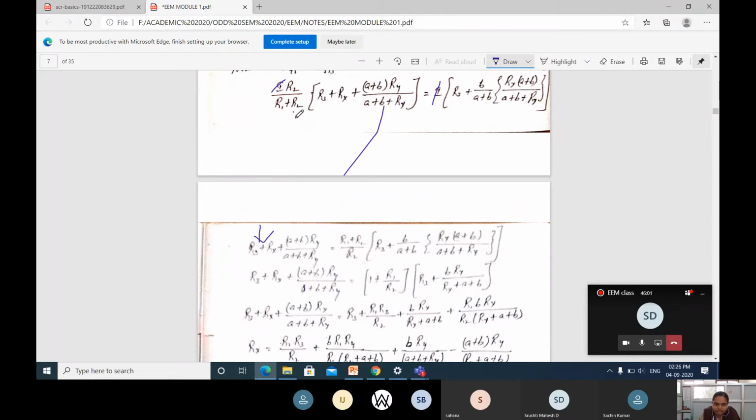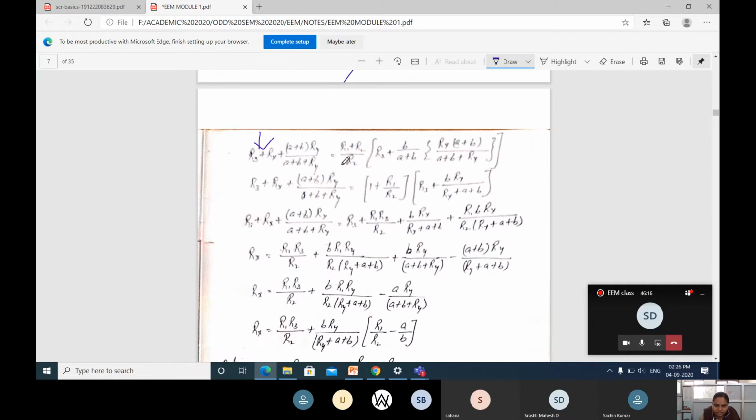Then I will be taking this to this side. Then what is going to happen? Instead of R2 by R1 plus R2, it is going to change as R1 plus R2 divided by R2. Then the remaining part as it is you have to write. Then simplify the equation here. This remaining as it is, I am not going to change anything here. But here this is R1 plus R2 divided by R2. What I will do?